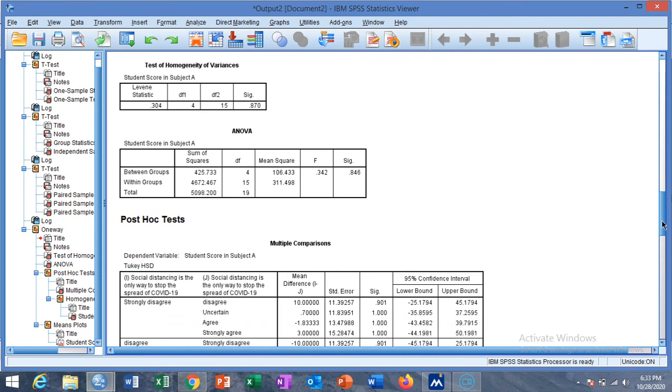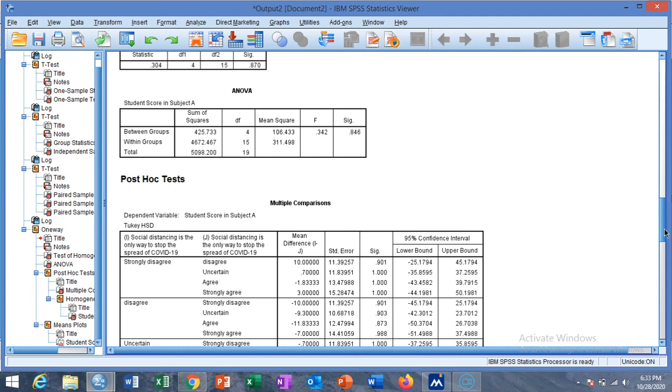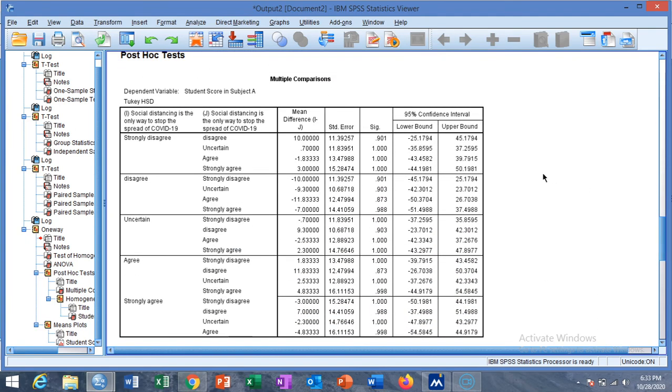If the p value was significant and the null hypothesis that the means were the same was rejected, then we might conduct the post hoc test, which is already shown here. This is the pairwise comparison between the means of different groups. This is the strongly disagree group, and its mean is compared with the four other groups: disagree, uncertain, agree, and strongly agree.